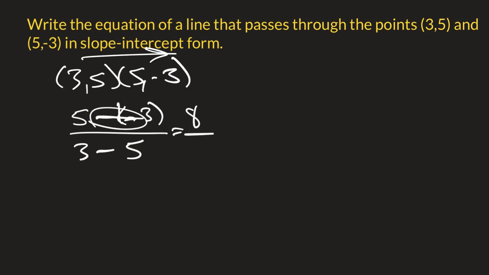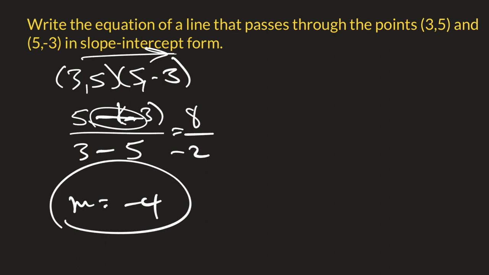Negative 2. Watch your signs. What is 8 divided by negative 2? Negative 4. Your slope is negative 4. 8 divided by negative 2, if we reduce that fraction, is negative 4.